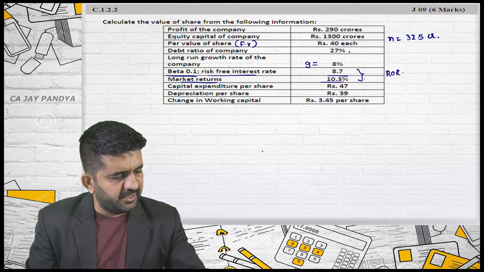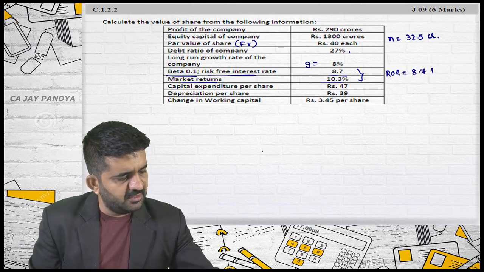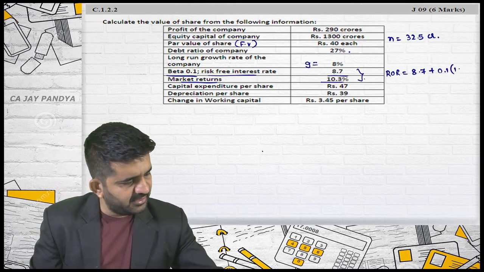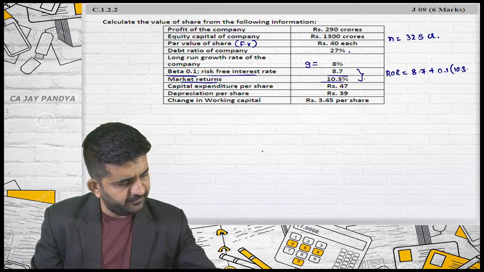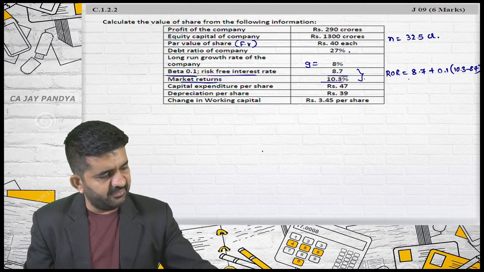Required rate of return will be RF 8.7 plus beta 0.1 into RM minus RF, that is 10.3 minus 8.7.